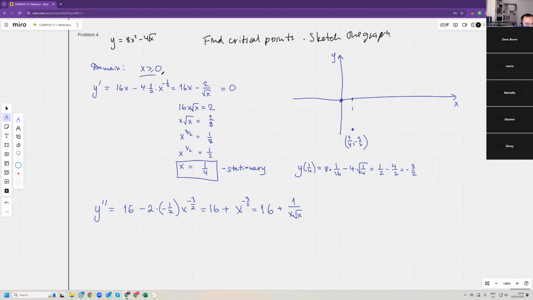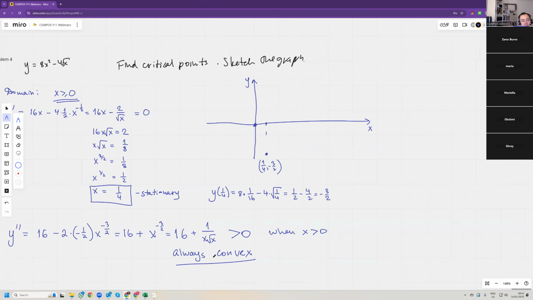But because we know that x is always positive, that means the second derivative is always positive. That means that the function is always convex. And that means that it is a minimum point.